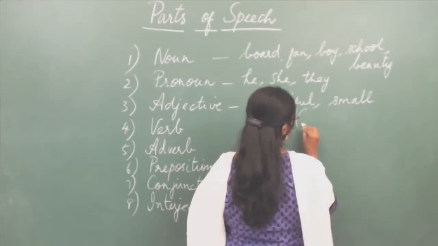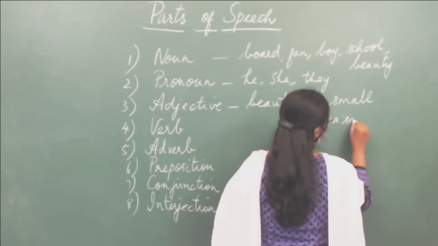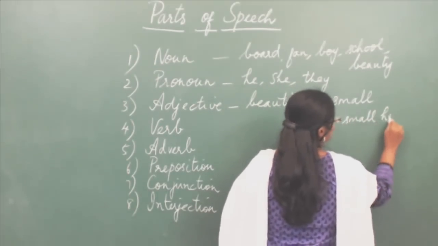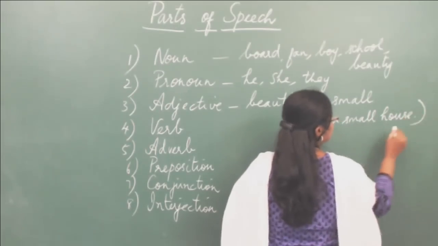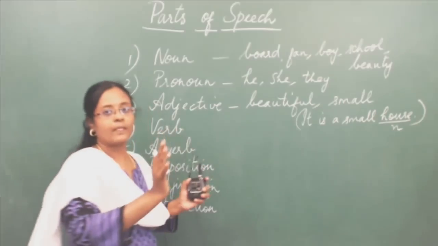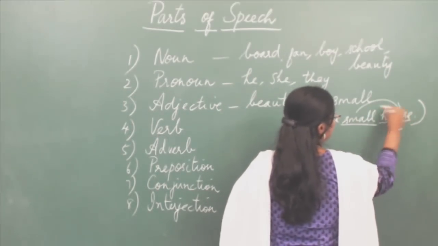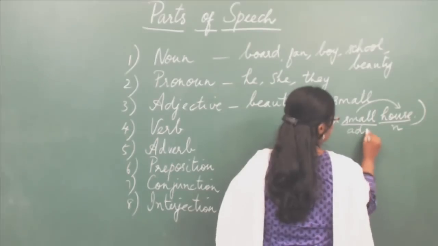For example, it is a small house. Now you see how it is being used in a sentence. House is a noun because it is a place. Now this word small talks about the house, so it is an adjective.